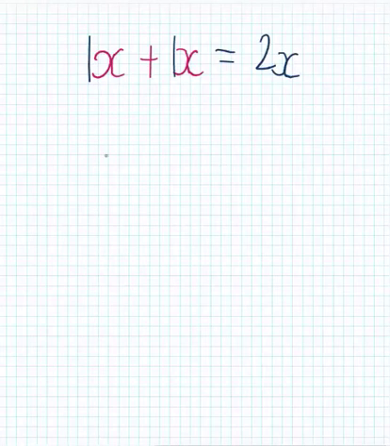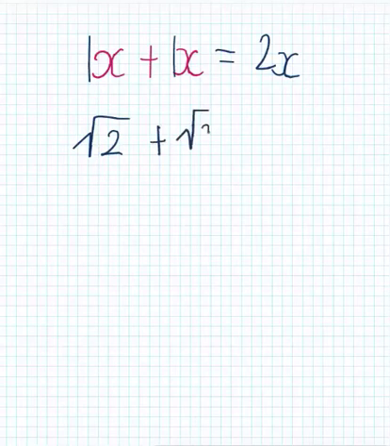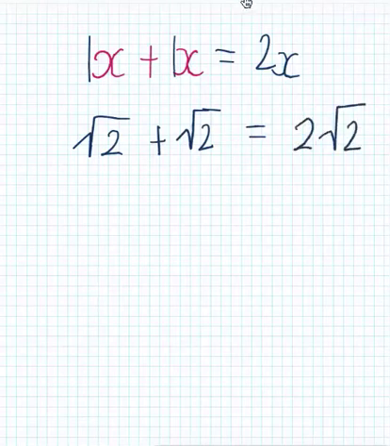But imagine instead of x, I had the square root of 2 plus the square root of 2. Just like with algebra, how many square roots of 2 do you see? Well, there are 2 square roots of 2, so my answer would be 2 square root 2. And just like with algebra, there is an invisible 1 in front of those square roots of 2, and just like 1x plus 1x is 2x, 1 square root 2 plus 1 square root 2 is 2 of those.